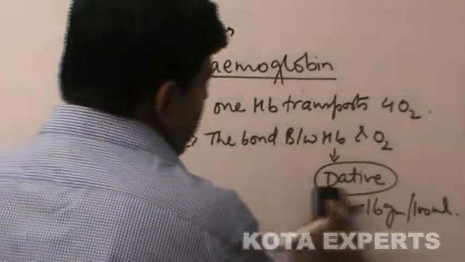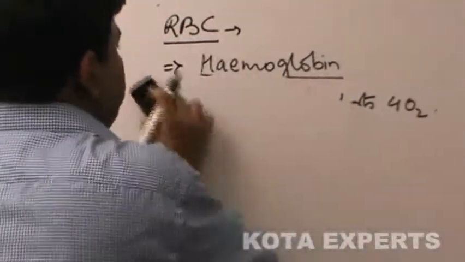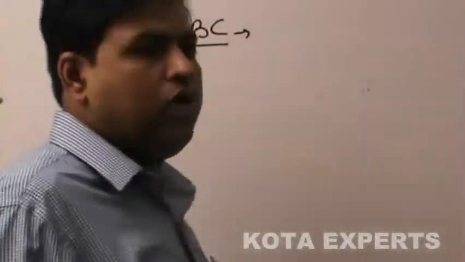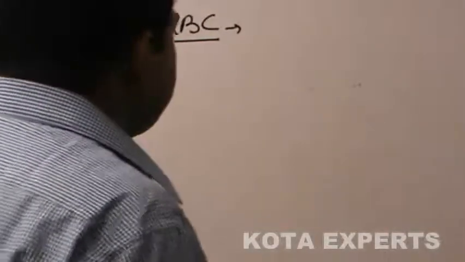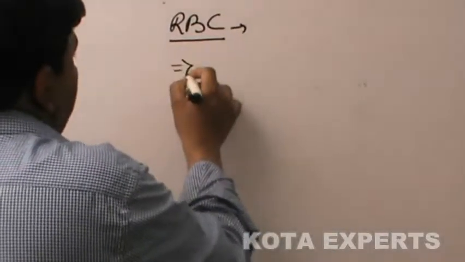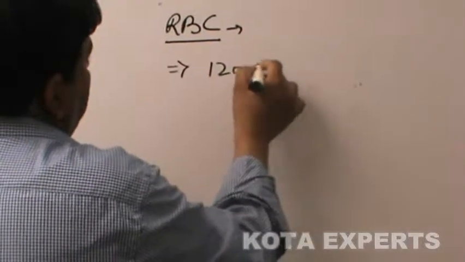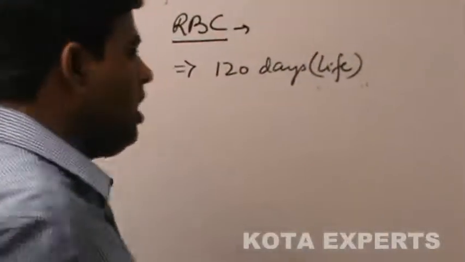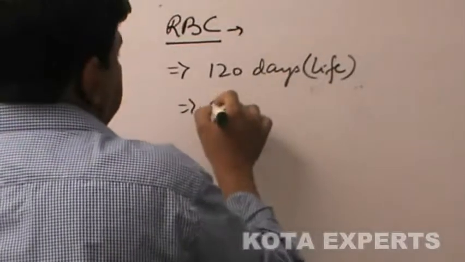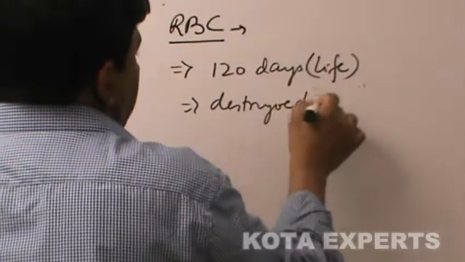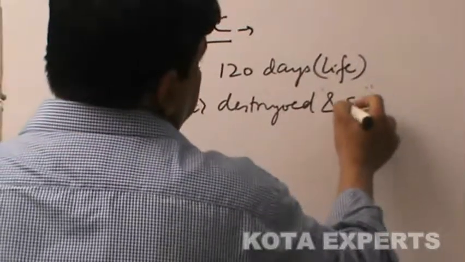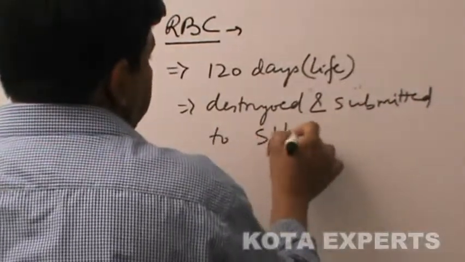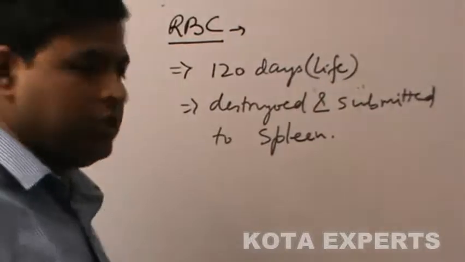Okay. Now, the RBCs are produced in the bone marrow as well as in the liver in children, but these have approximately 120 days lifetime, and they are destroyed and submitted to the spleen for further processing.